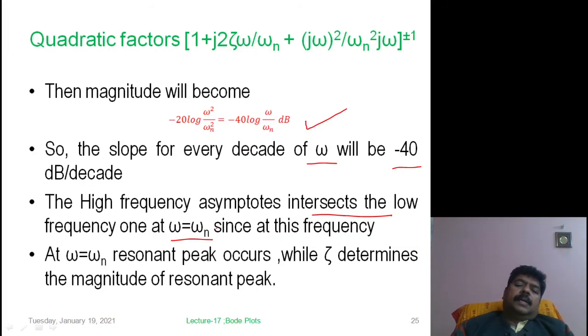This is the frequency where the system will resonate. At this point the peak value will be obtained, and that peak value will basically depend upon zeta. So as zeta changes, the peak value can be varied.